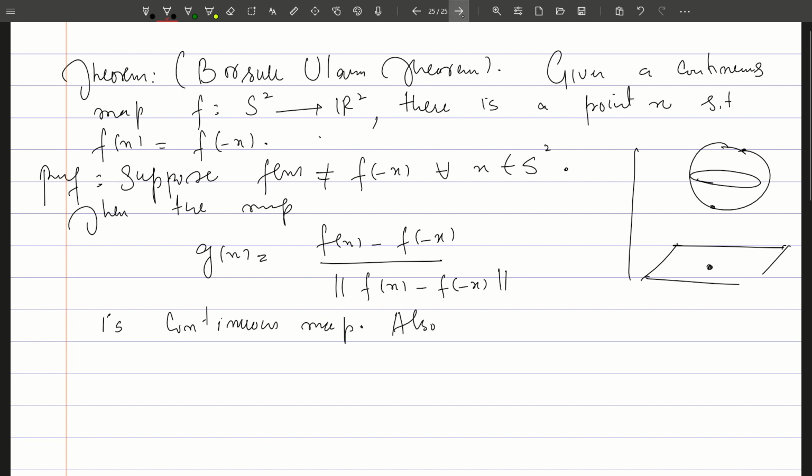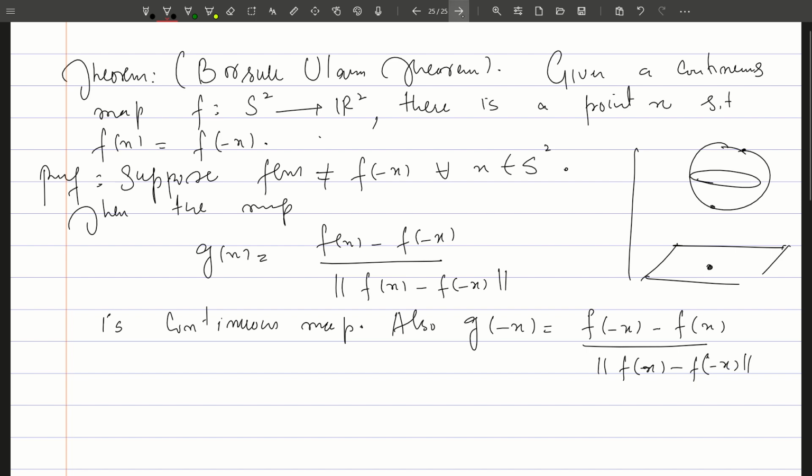Also, g of minus x is the same as f of minus x minus f of x divided by the norm of f of x minus f of minus x.